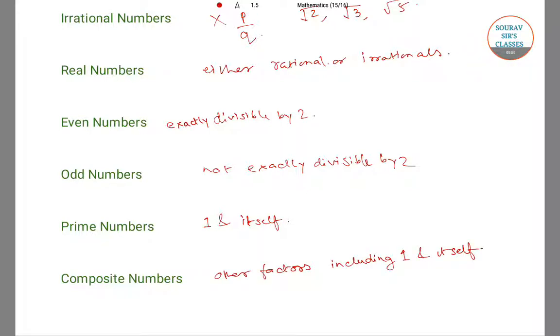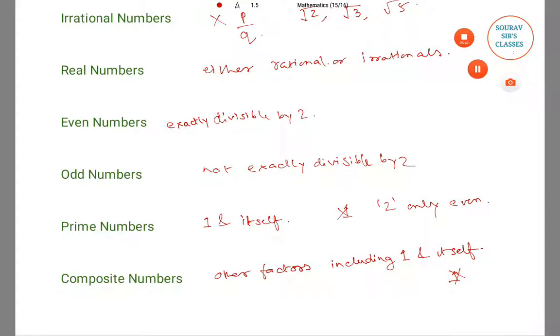Note, 1 is not a prime number, as prime numbers are numbers greater than 1 which have only two factors, one is itself and other is 1, and 2 is the only even prime number. One is not included in composite numbers also, so 1 is neither prime nor composite.